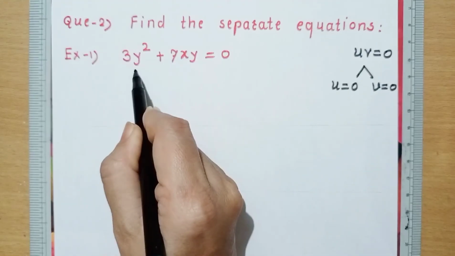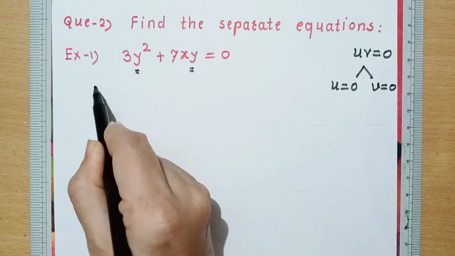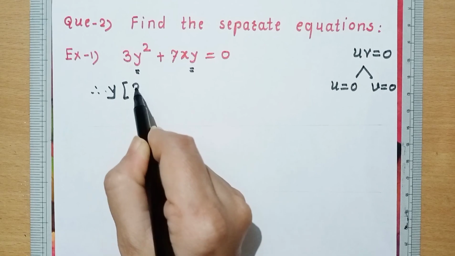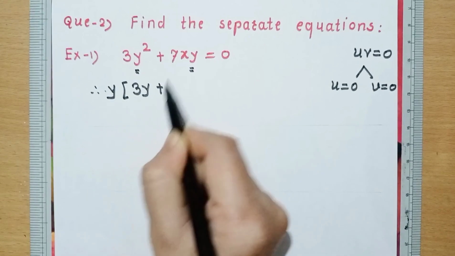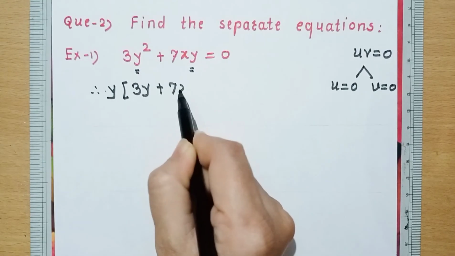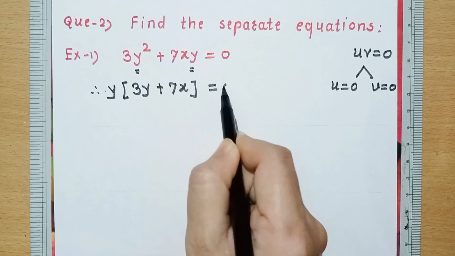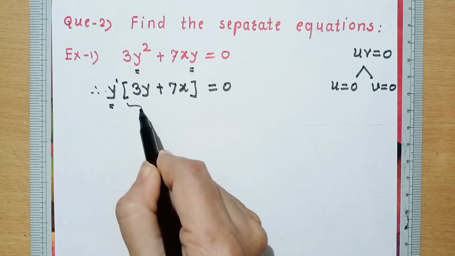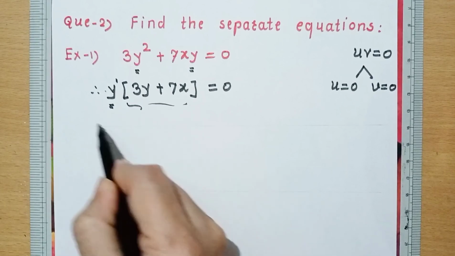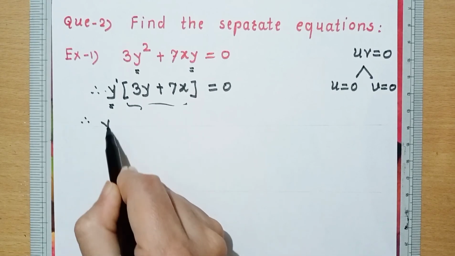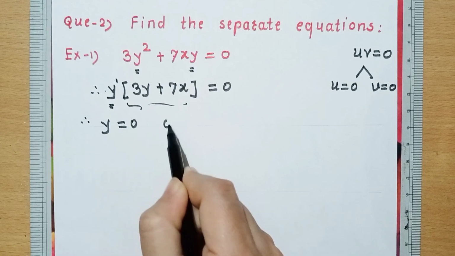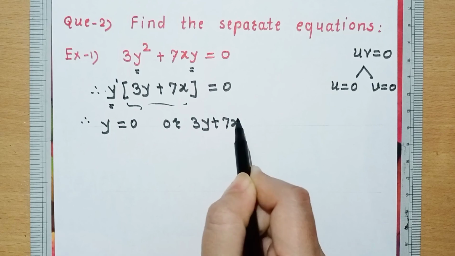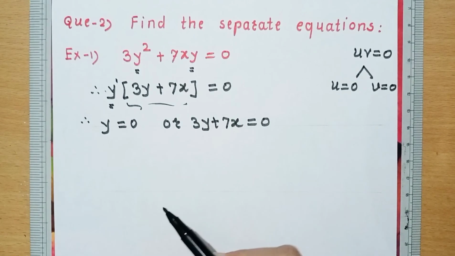So from these two terms, first we will take y common, and therefore y in bracket 3y plus, now what is remaining, 7x equal to 0. Now check here, the product of y and this bracket equal to 0, that means either y equal to 0 or 3y plus 7x equal to 0.